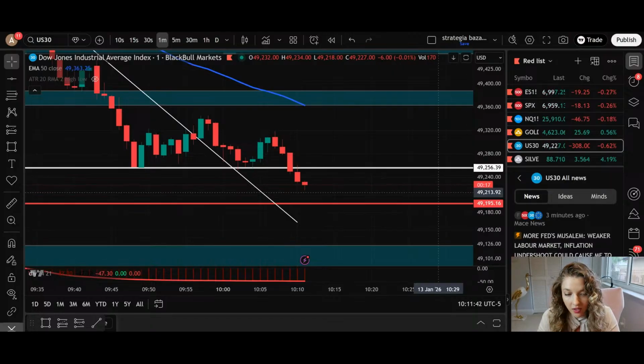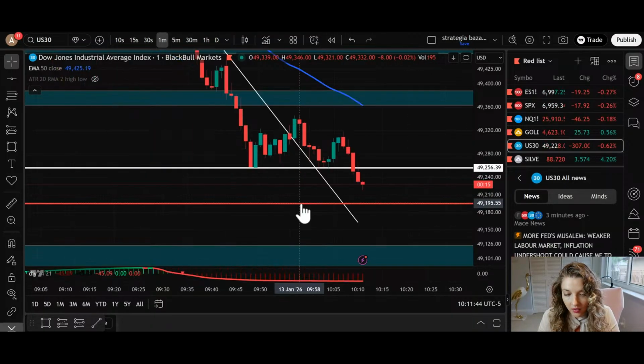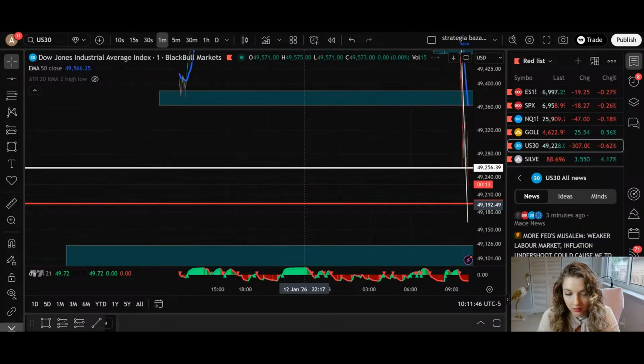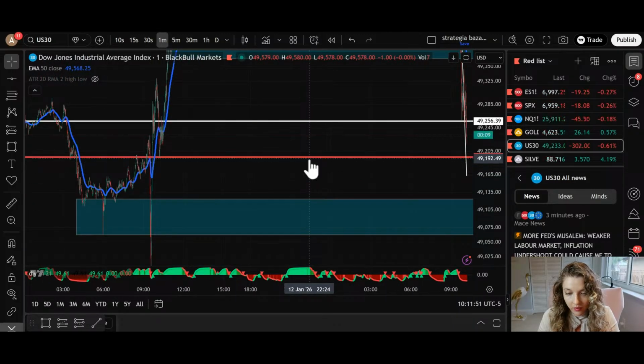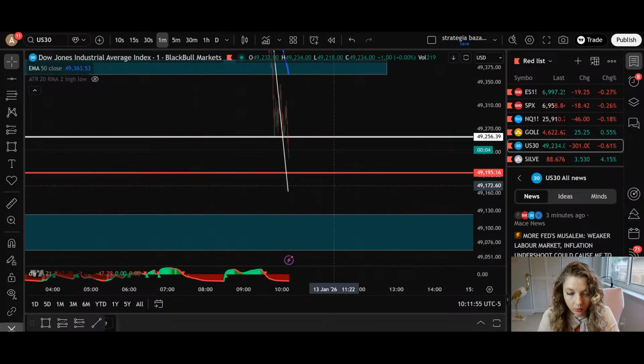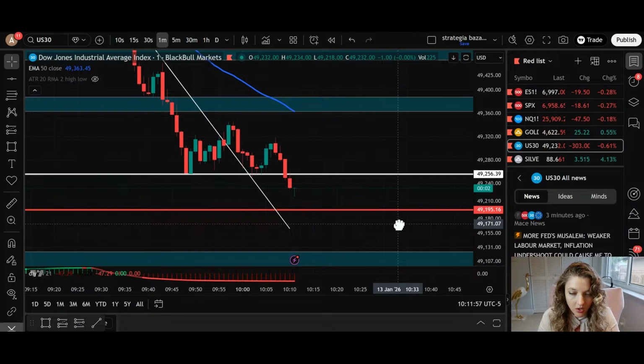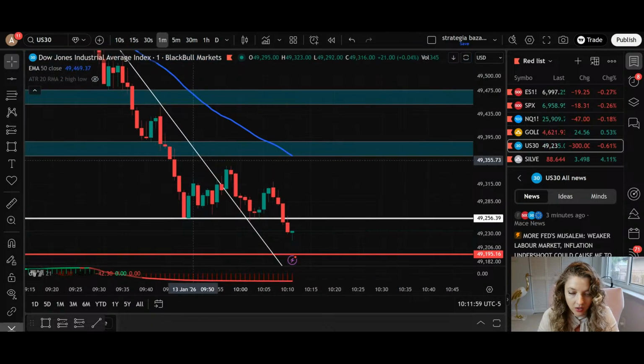So I want to take a short, but I have this red line here. You know, I'm a little cautious. Probably the price is going to go to the blue area, but I like to be cautious. It did break the trend line.